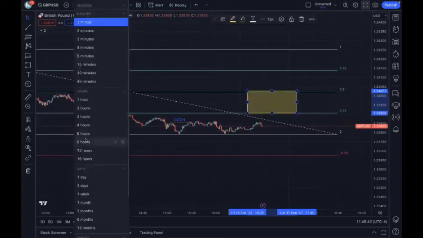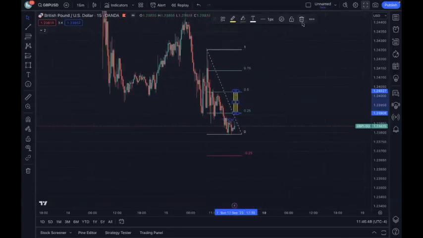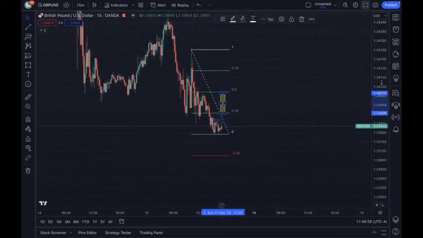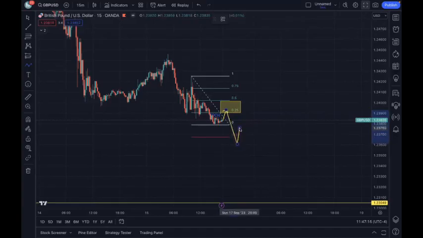I'm going to go back to my 15 minutes time frame or 1 hour time frame. So I'm targeting in between here for an entry, to continue my sell down.